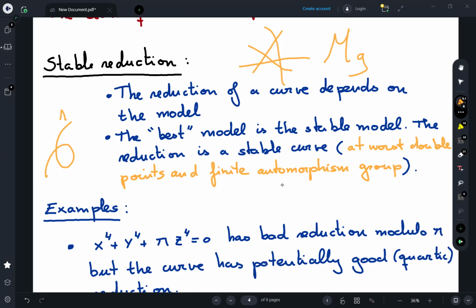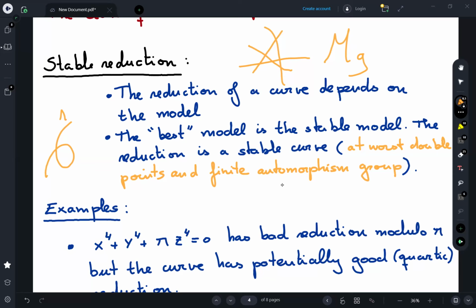One of the possible compactifications of M_g is by adding the stable curves. This is what Deligne and Mumford did. So this is one motivation for being interested in computing the reduction type of a curve. For me, the reduction type means the special fiber of the stable model, the best possible reduction that you can get.